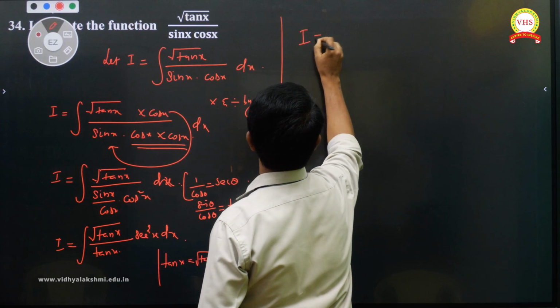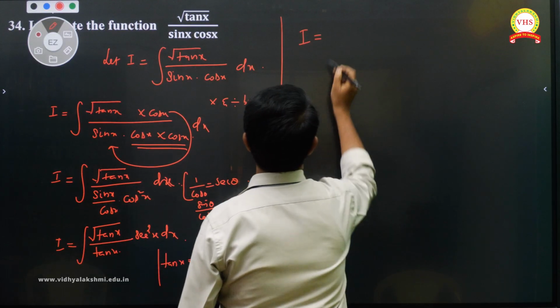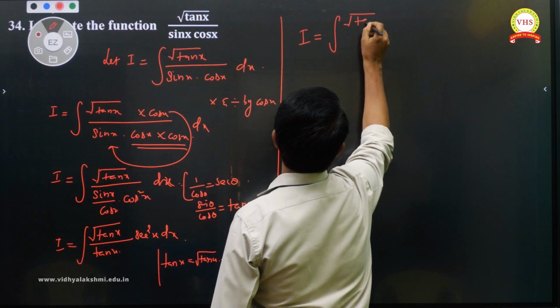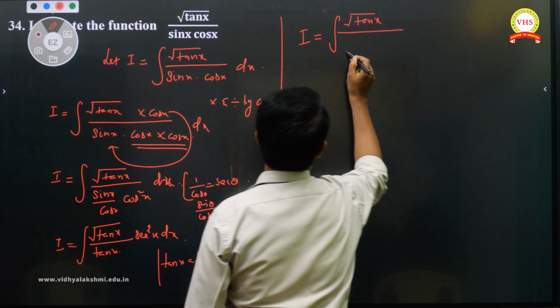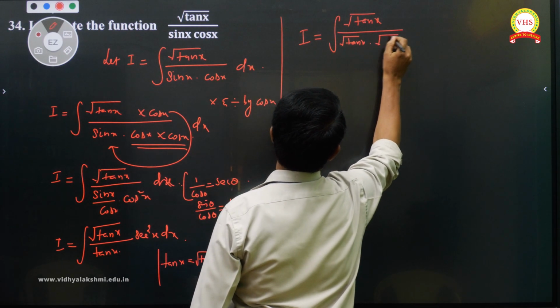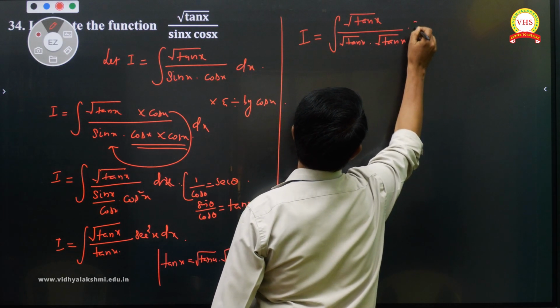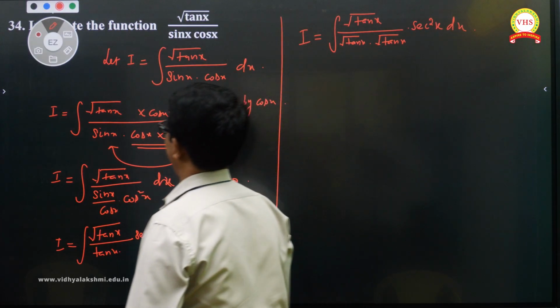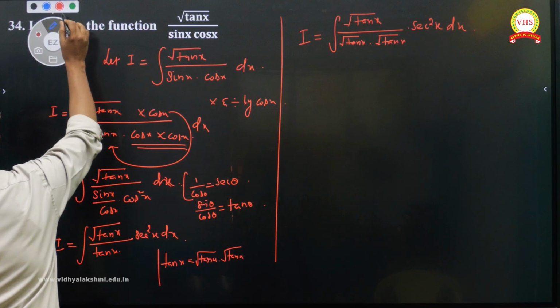Finally, I equal to integral square root of tan x divided by square root of tan x into square root of tan x into secant square x in the numerator, dx. Student, any doubt please? So be careful about this.